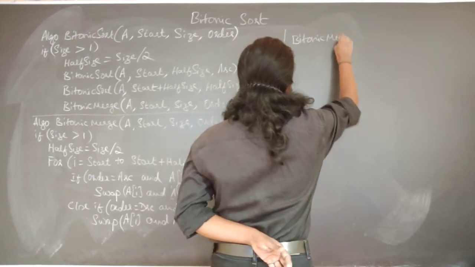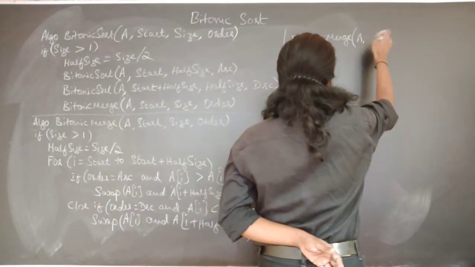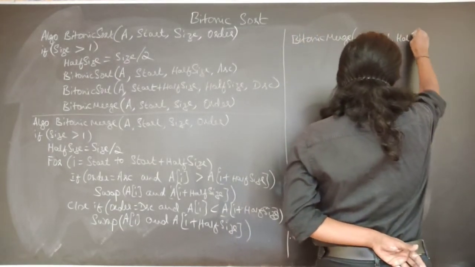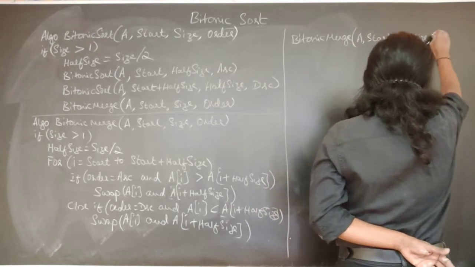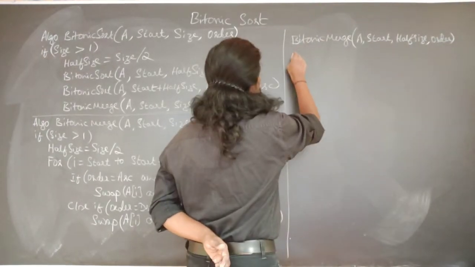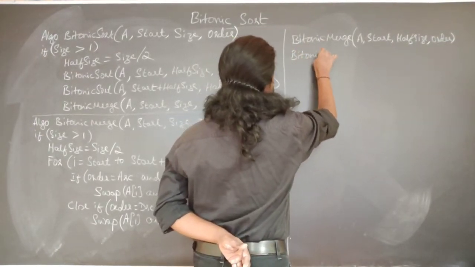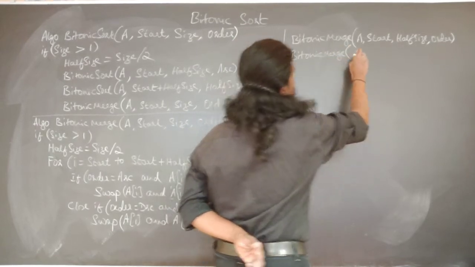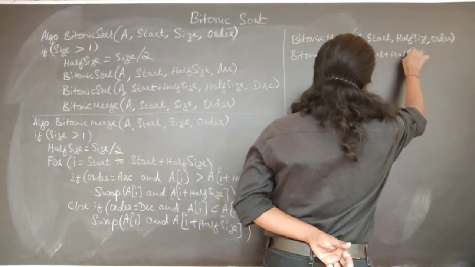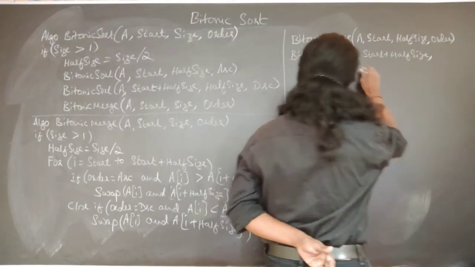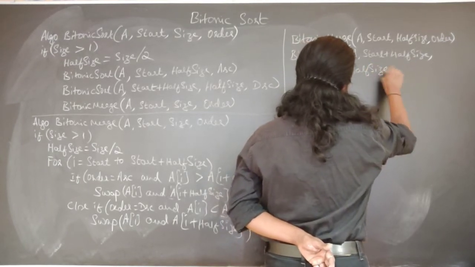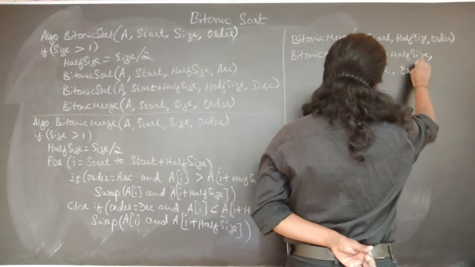Bitonic merge A, which starts at start, of size half size, in whatever order this algorithm calls it. Then the other part, Bitonic merge array A, which starts at start plus half size, of size half size, in whatever order.